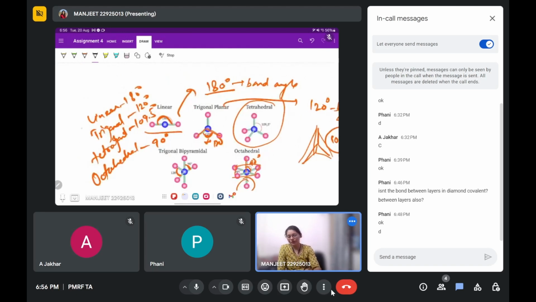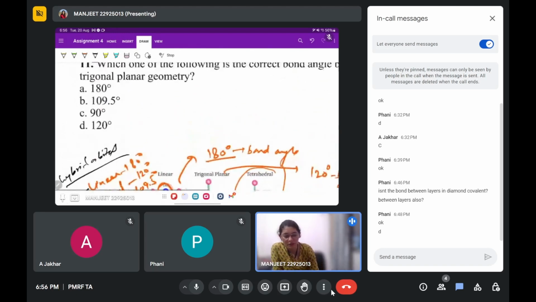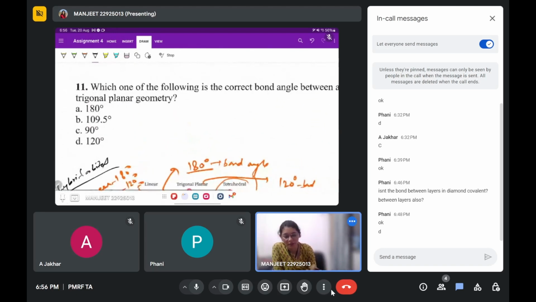And similarly, remember this point, the hybrid orbital will be sp for linear, sp2 for trigonal, sp3 for tetrahedral, and for octahedral it will be sp3d2. Okay.